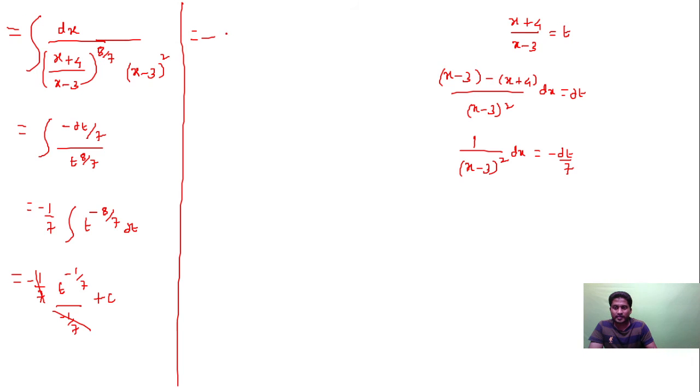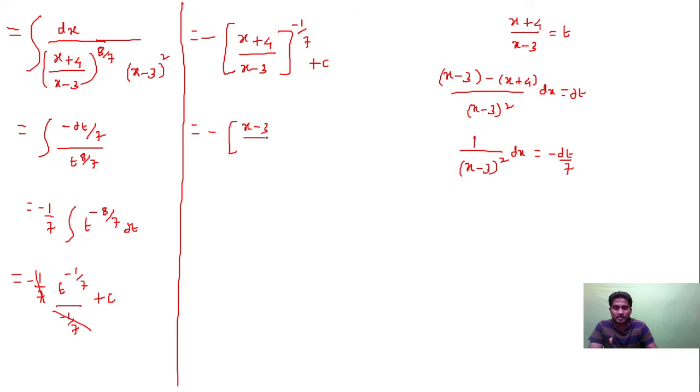Now take the value of t. This is equal to minus (x plus 4) upon (x minus 3) whole to the power of minus 1 by 7 plus c. If you reverse this, the power will become plus.